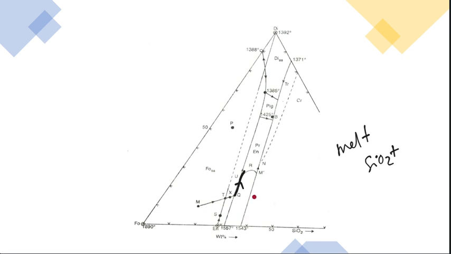Now what will happen? This is CaMgSi2O6, diopside, and this is enstatite, MgSiO3.